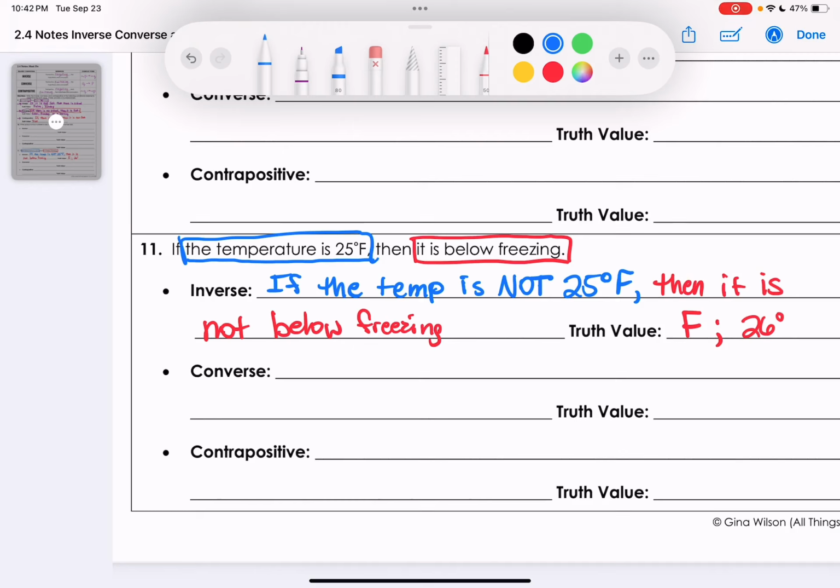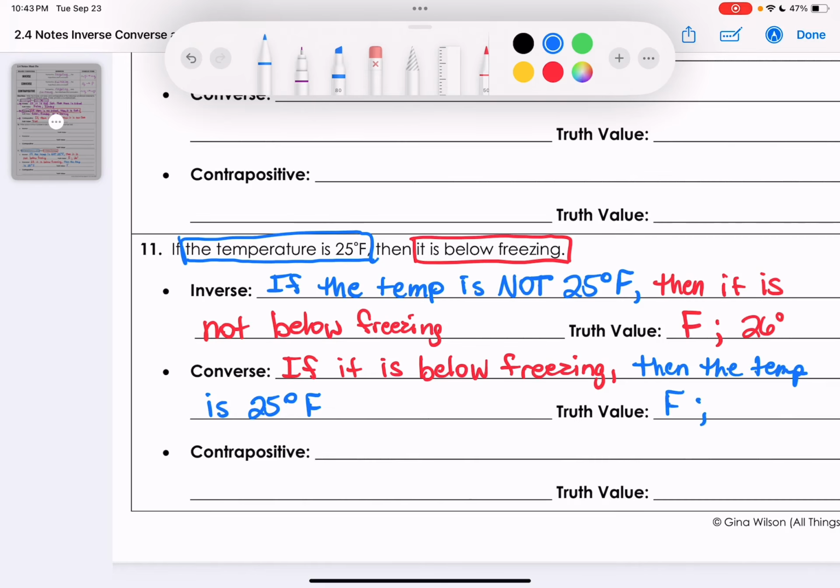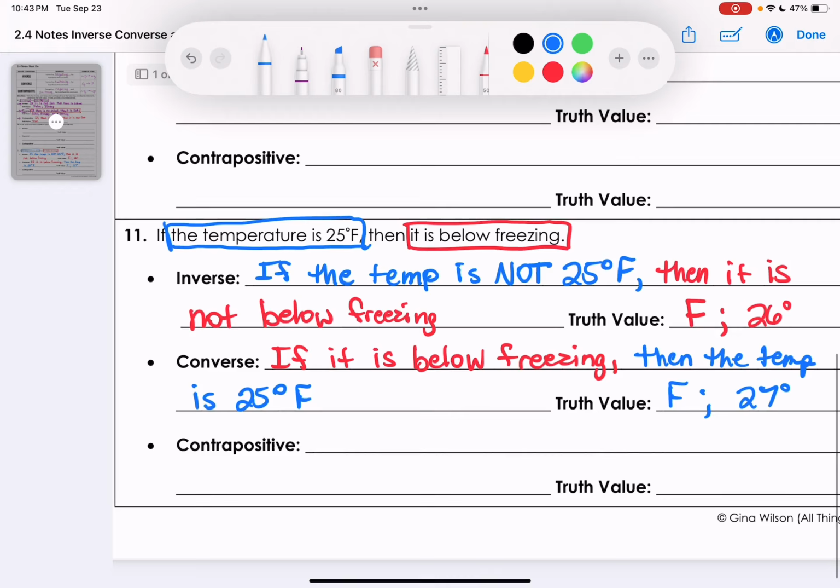Okay, the converse then is when I'm going to write if it is below freezing, then the temperature is 25 degrees Fahrenheit. So again, that is false. We could say 26, 27, 30 below, and it's still freezing.